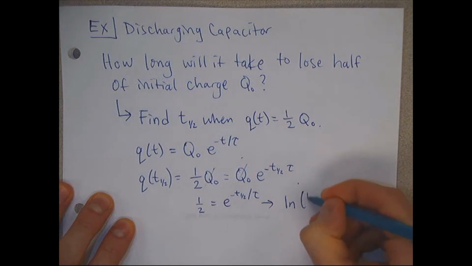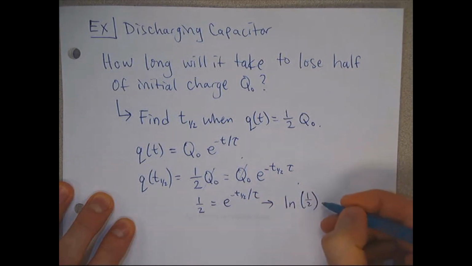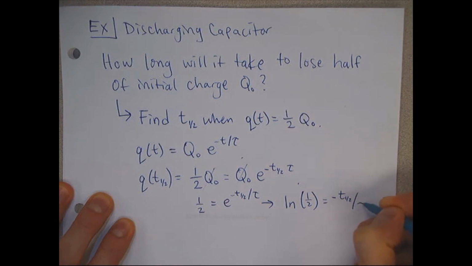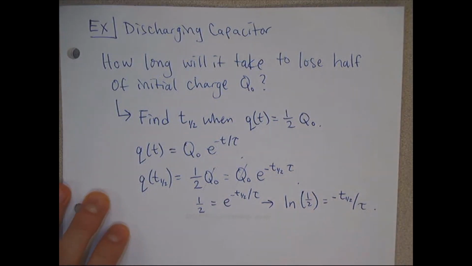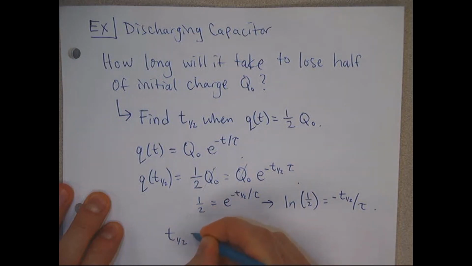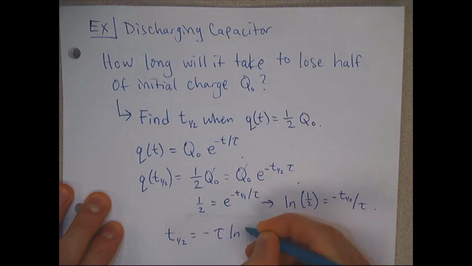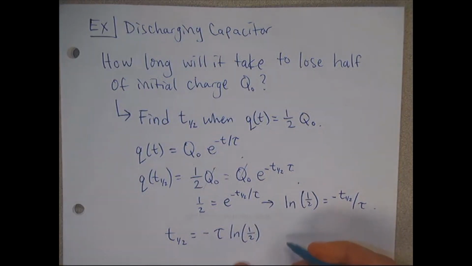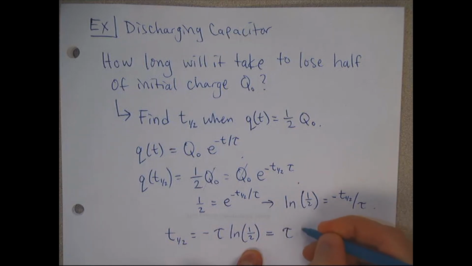The natural log of 1/2, we're undoing the exponential, is minus t 1/2 on tau. And our solution for t 1/2 is then negative tau natural log of 1/2. Natural log of 1/2 is negative, of course, so we could invert that and write this as the positive tau times the natural log of 2.